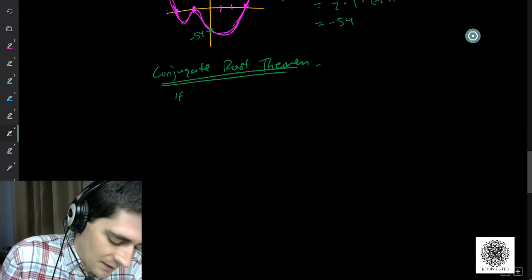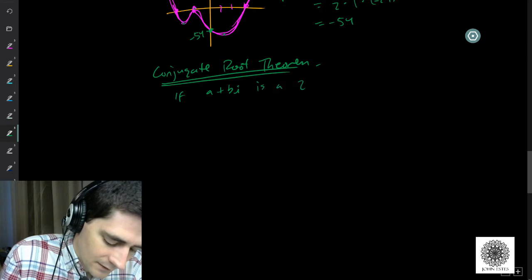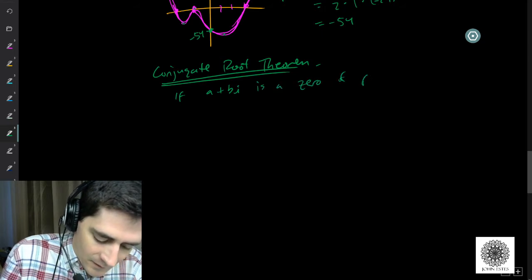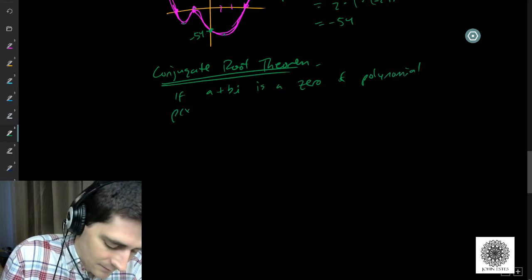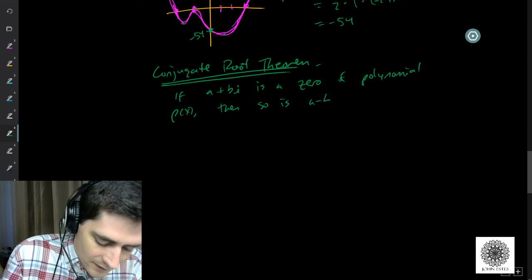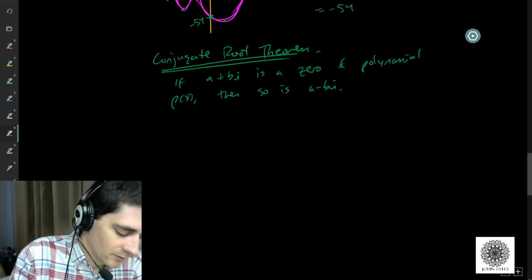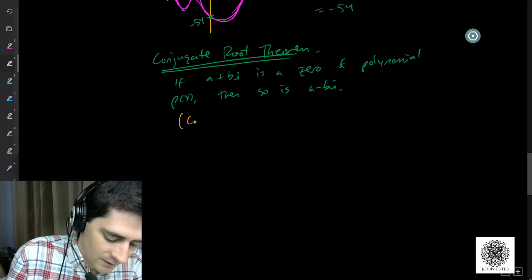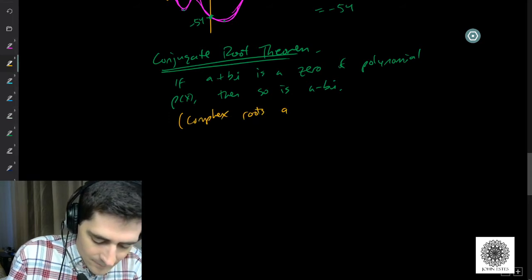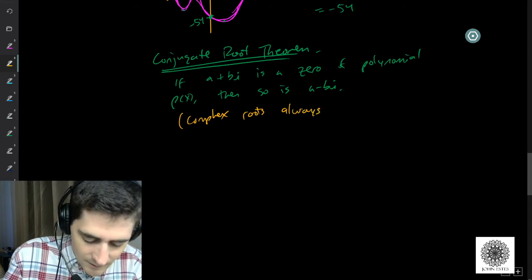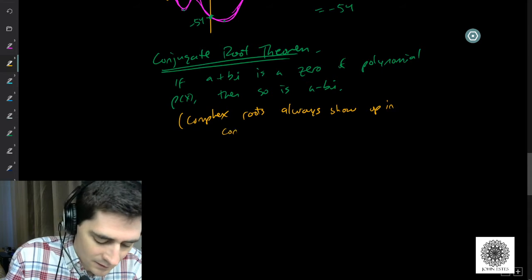So we say if a plus bi is a zero of polynomial p of x, then so is a minus bi. Okay, in other words, complex roots always show up in pairs. Not just pairs, conjugate pairs.